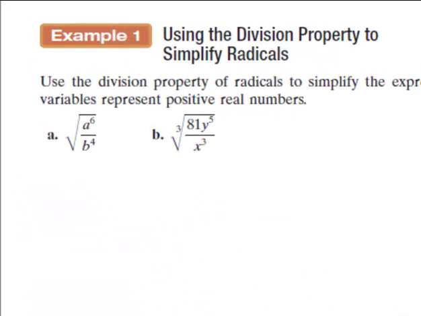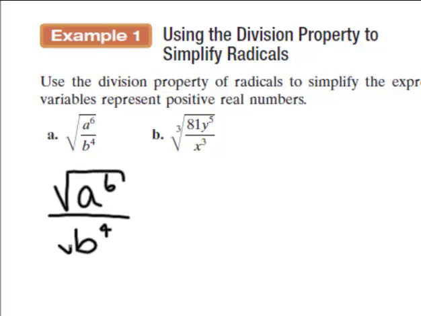So the very first one, I have a to the 6th power divided by b to the 4th power, and it's all square rooted. So first thing you should check for is, can you simplify stuff on the inside? Top is an a, bottom is a b, so we can't simplify. So we're going to use the rule that says that I can split these things up into a to the 6th divided by b to the 4th, and they're both square rooted.